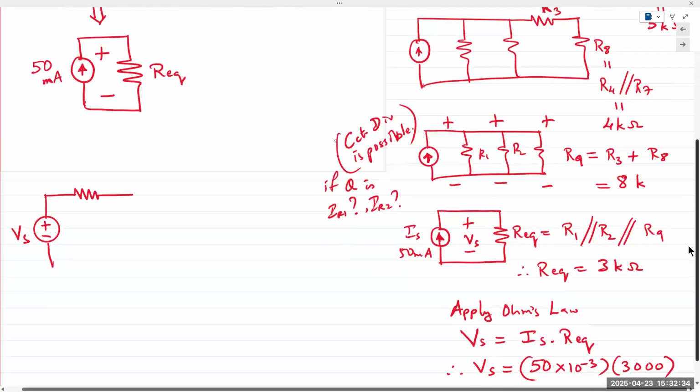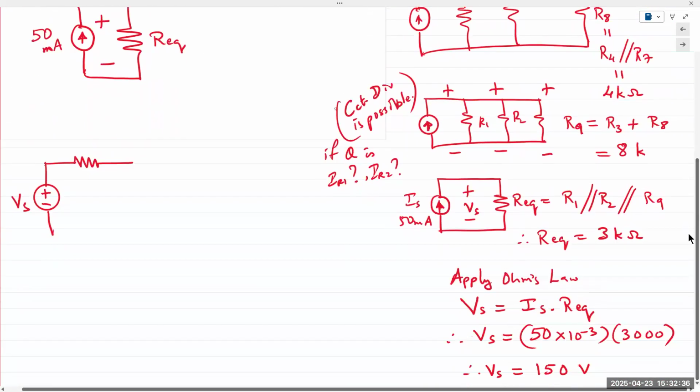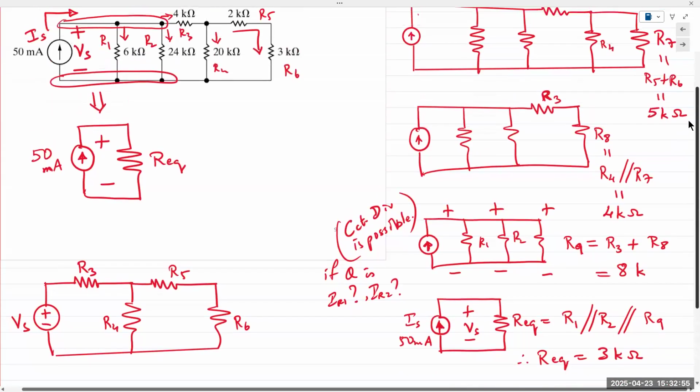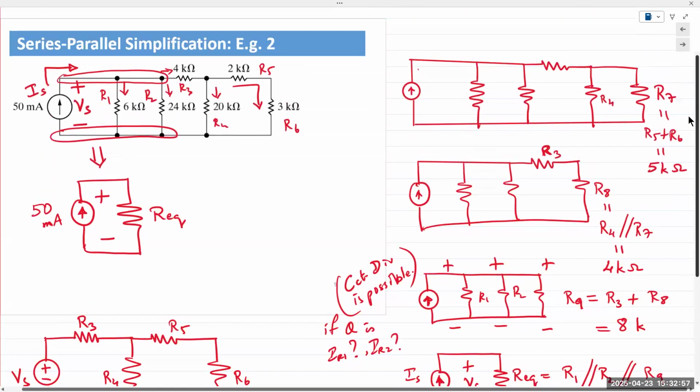This was what, R4? No, R3. So R3, R4, R5, and R6. Okay, let's see. 3, 4, 5, 6.